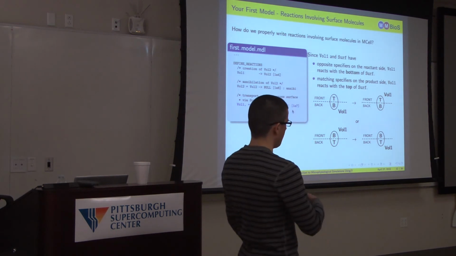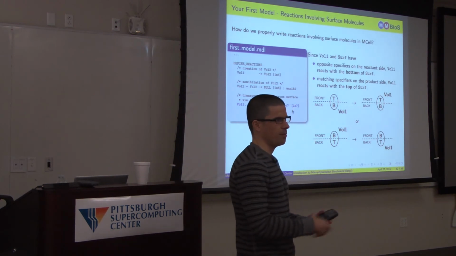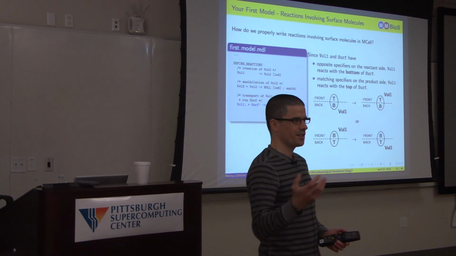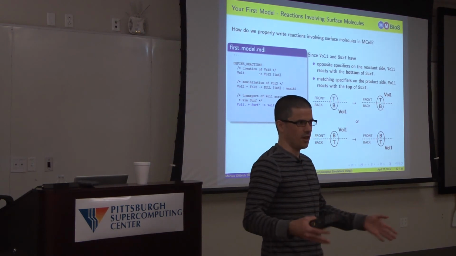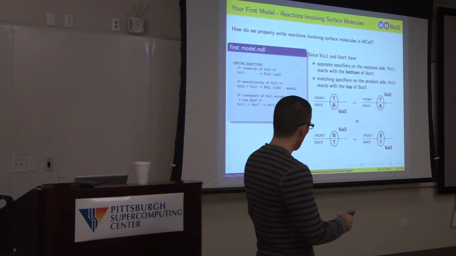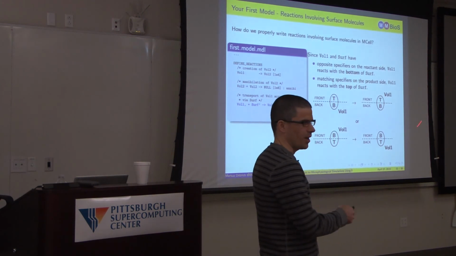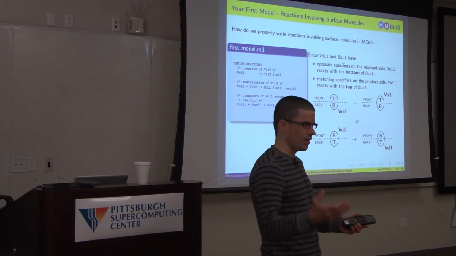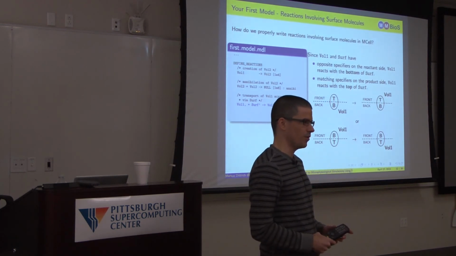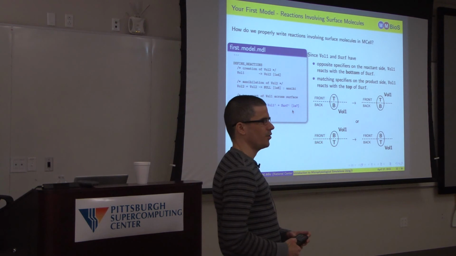But maybe there's some other process on the cube, like an uptake process, that slowly pumps in these volume molecules from the outside, and then at some point this reaction may start happening, because you accumulate volume molecules inside and they might pump out. So did that answer your question?